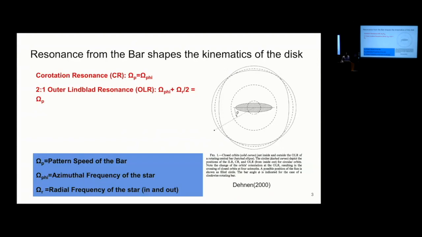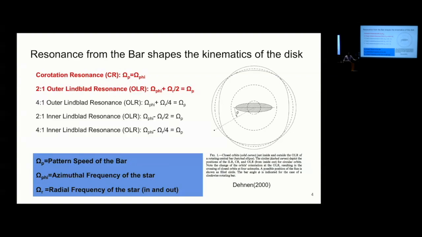Co-rotation resonance happens when the pattern speed of the bar, which is the rate of angular rotation of the bar, equals the azimuthal frequency of the star. And there's the outer Lindblad resonance that occurs when the sum of the azimuthal frequency of the star and half of the radial frequency of the star equals the pattern speed of the bar. There are other types of resonances, but in our project, I've looked at the effect of co-rotation resonance and outer Lindblad resonance on the kinematics of the stars.